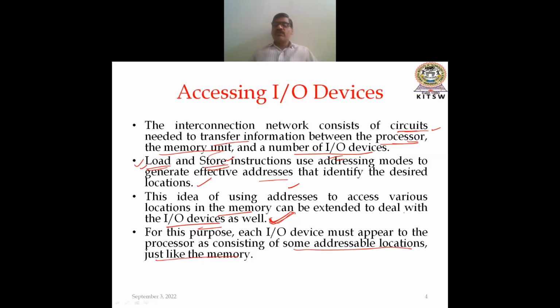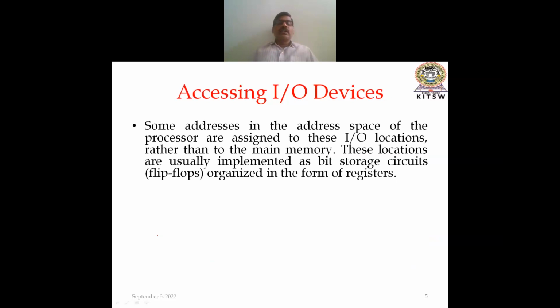In the memory you are storing a word, and this is the address where the memory word A is available. Similar to that, we make these IO devices appear like memory addressable locations to the processor. Each IO device will be stored at different memory addresses.